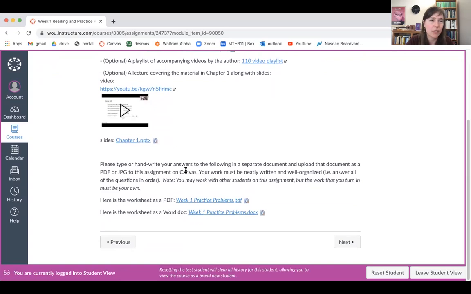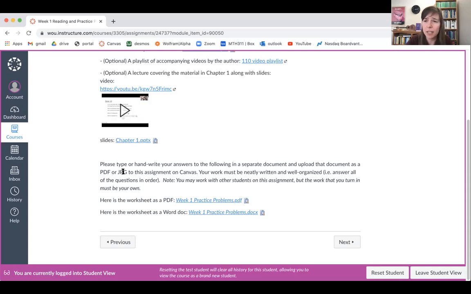If you're composing your homework in Word or Google Docs, just save or export as a PDF. Otherwise I end up getting problems with browsers and the Canvas native environment being able to read it. So, submit your work as a PDF or a JPEG.